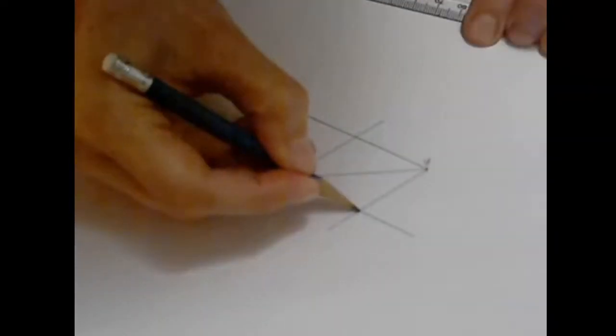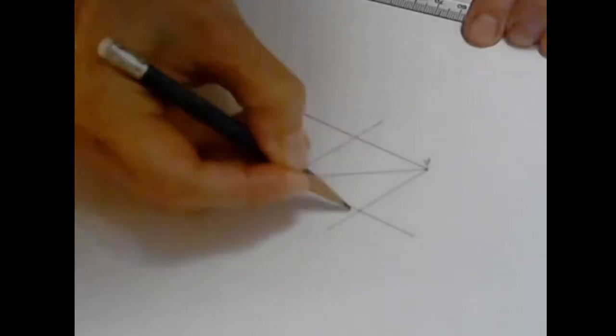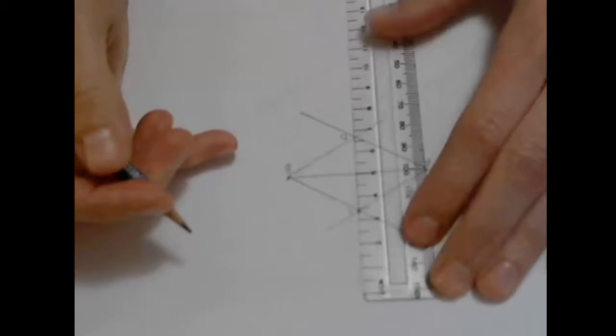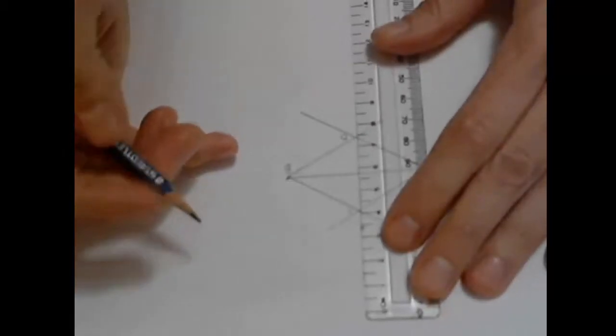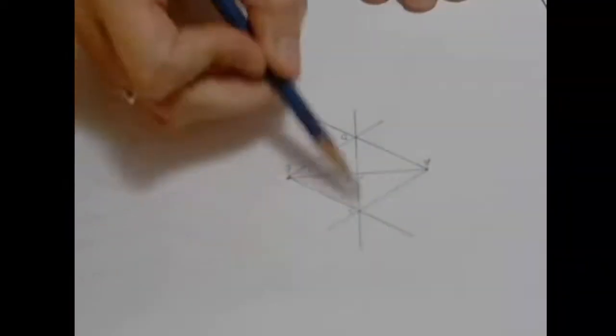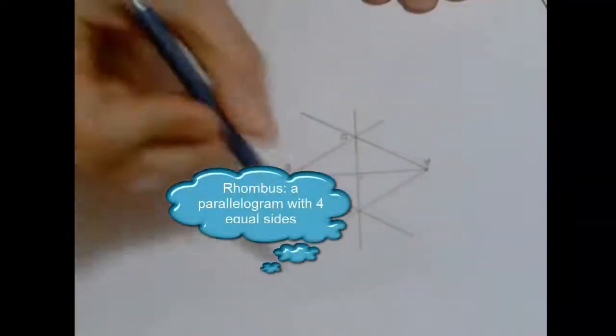This gives you intersect points here and here, which we can call C and D. If you connect those 2 points together, you have your perpendicular bisector. The shape we've created here is called a rhombus.